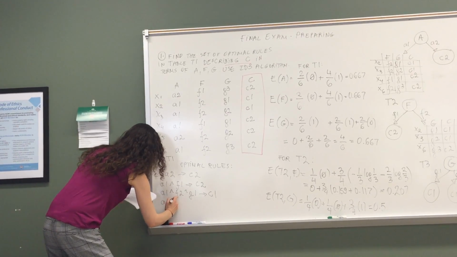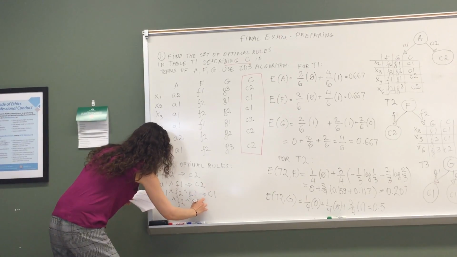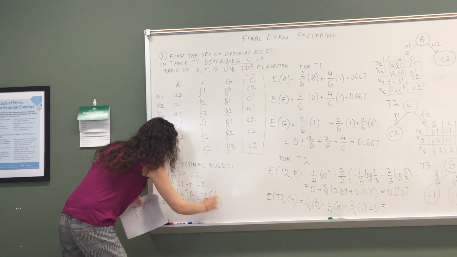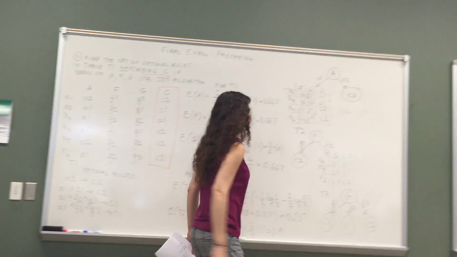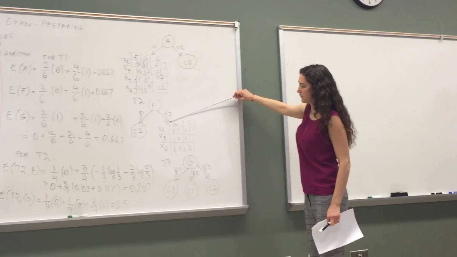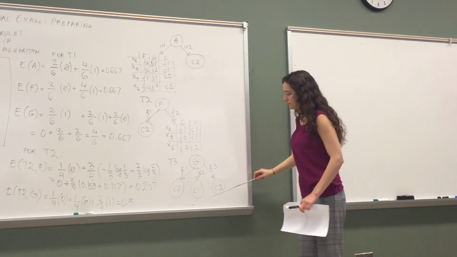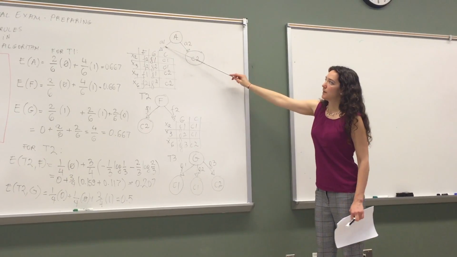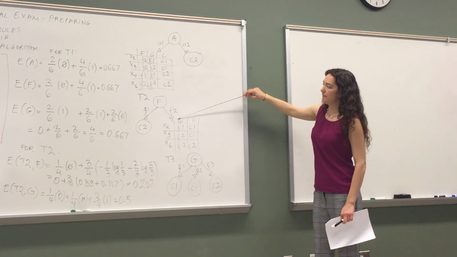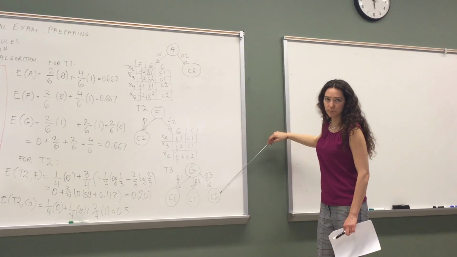Next is A is equal to 1 and F is equal to 2 and G is equal to 2, then C1. And the last one, if A is equal to 1, F is equal to 2, G is equal to 3, C2.